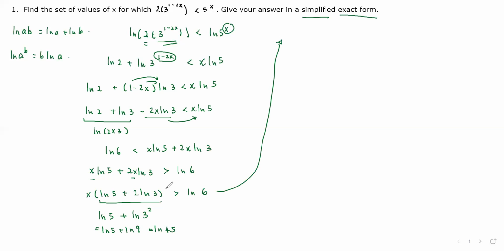The inequality is now x ln 45 greater than ln 6. We divide throughout by ln 45, which is a positive value, so it doesn't change the inequality sign. Then x is greater than ln 6 over ln 45. That gives you the answer in simplified exact form.